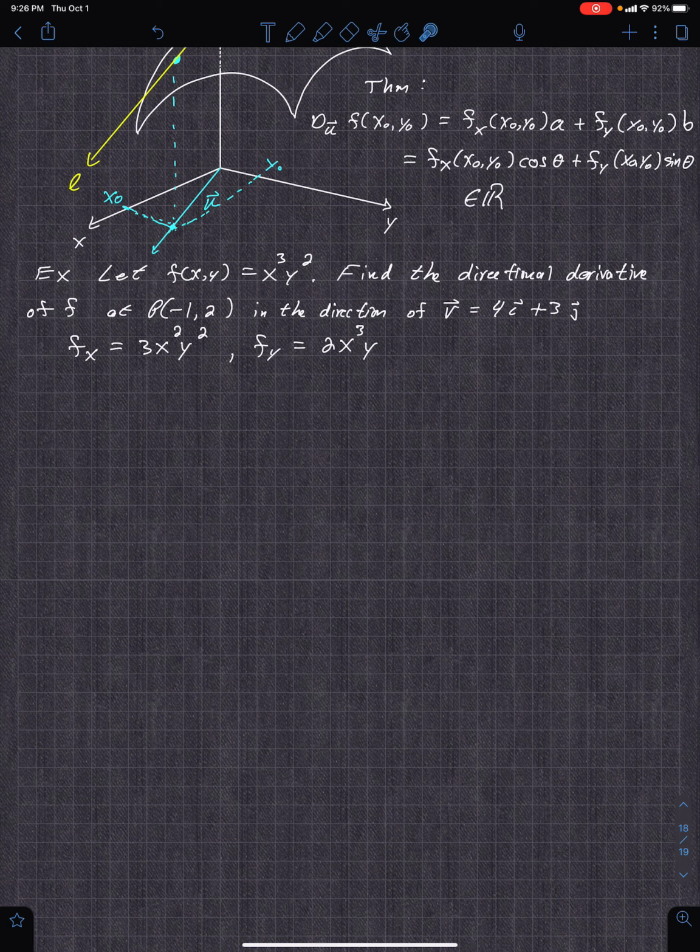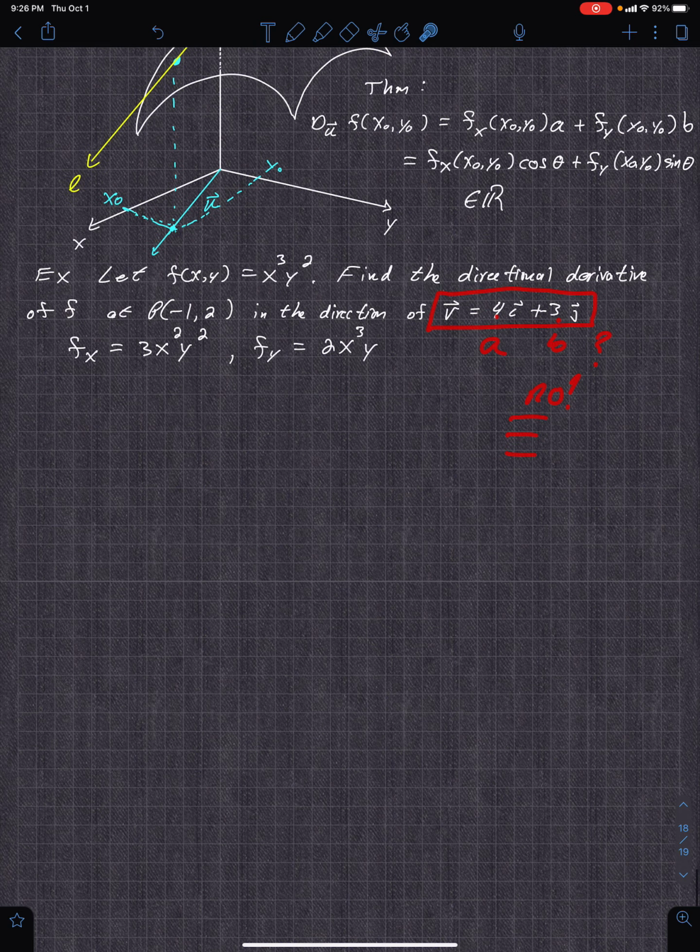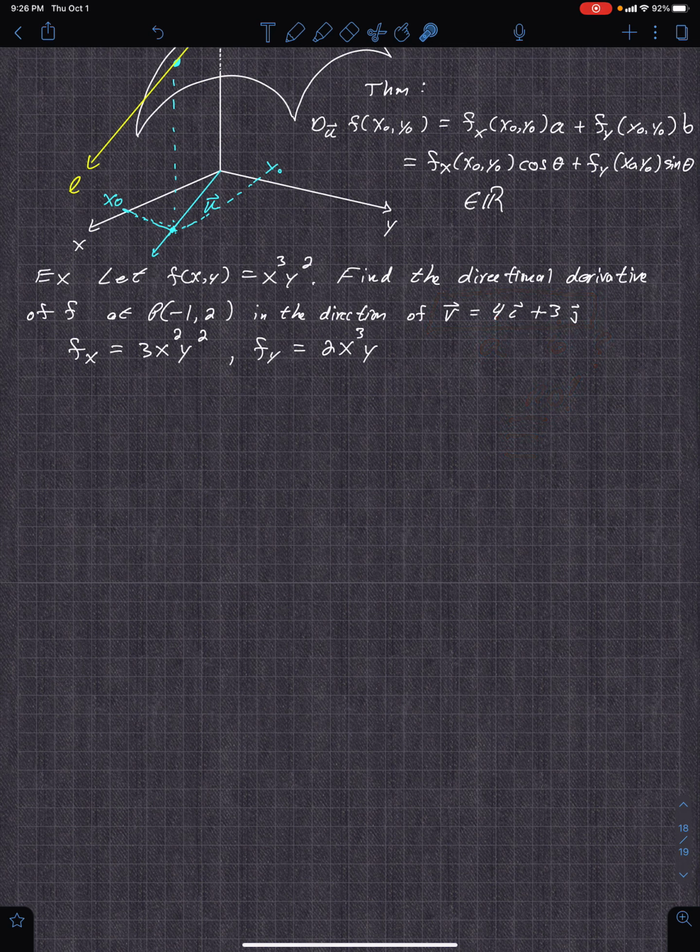Well, we should be looking at v. Is this your a, b? The answer is no, it's not, because it is not a unit vector. So now we have to unitize v to give us our u.